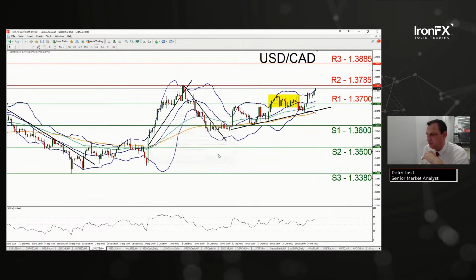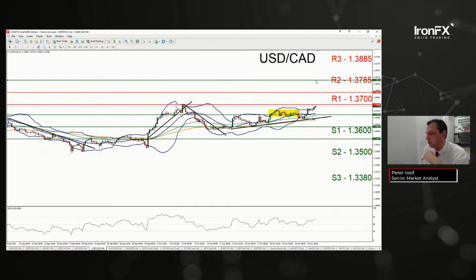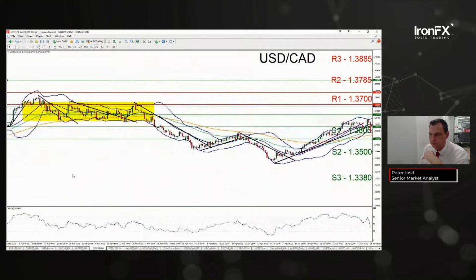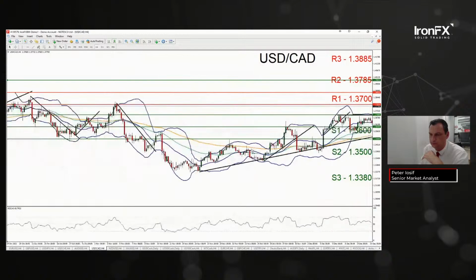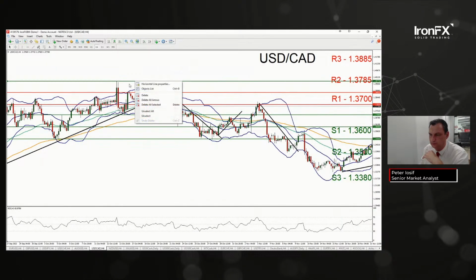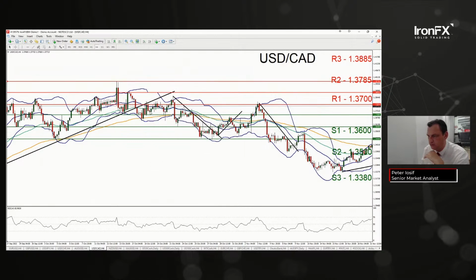Let's go also hunting for a new ultimate resistance line. This is a nice peak at 1.3975.